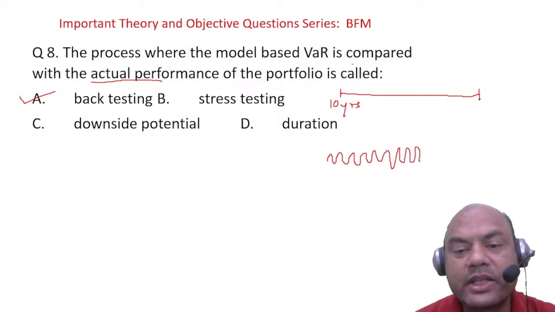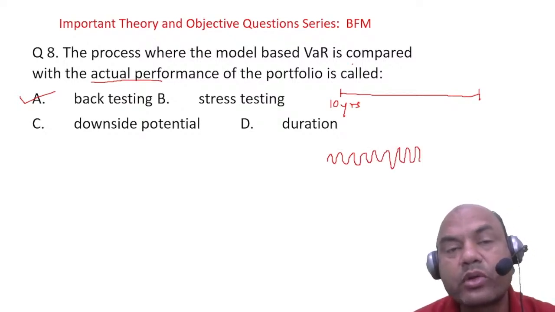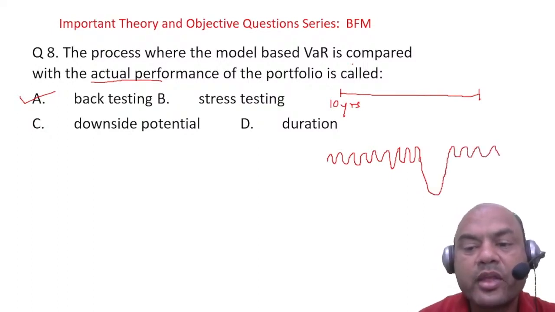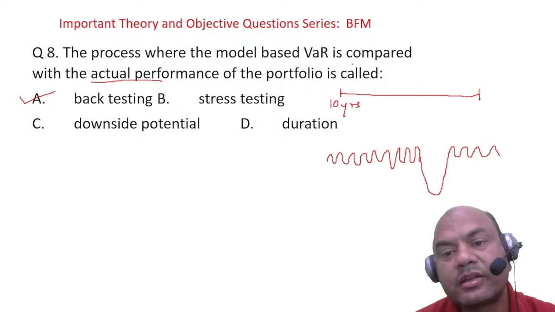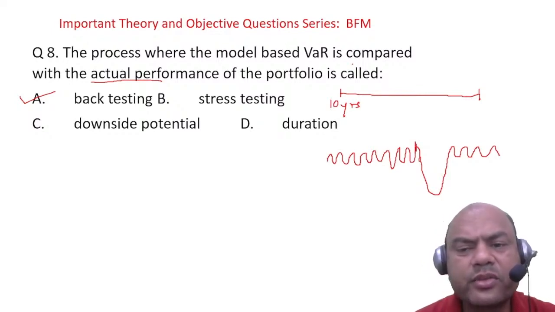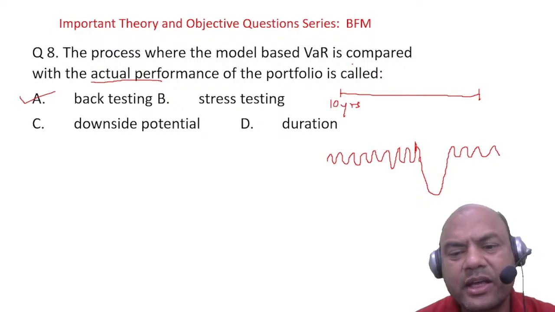There was not a major fluctuation, but COVID came, and the fluctuation went down like this. If I would have been over here, I would have thought nothing can come like this, and I'll just consider this much VAR. So my historical calculations or back testing was comparing this actual performance over these last 10 years.